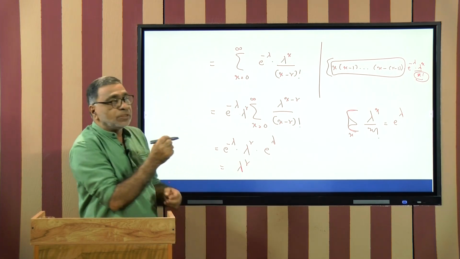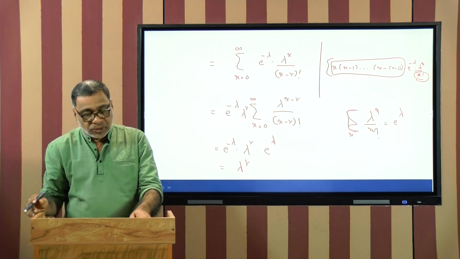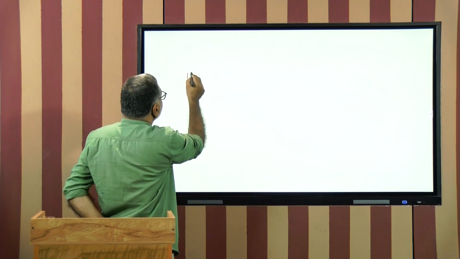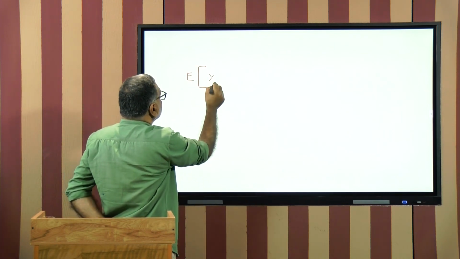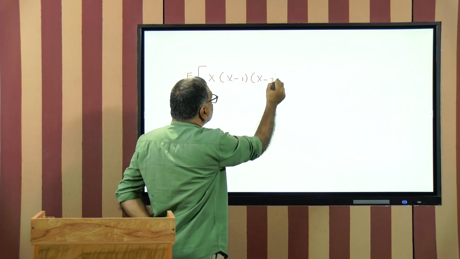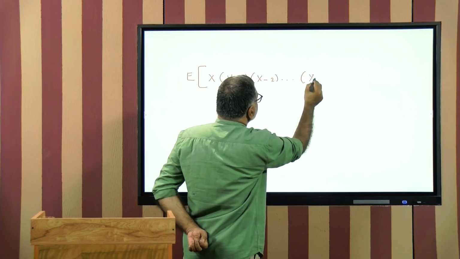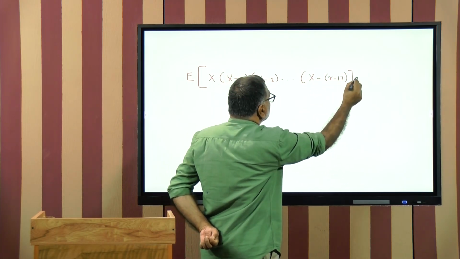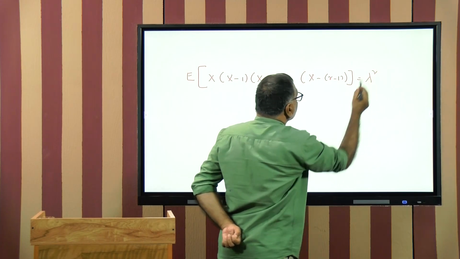So, what we have is the factorial moment, expectation of x into x minus 1 into x minus 2 etc. up to x minus r minus 1, that is the rth factorial moment, is equal to lambda power r.